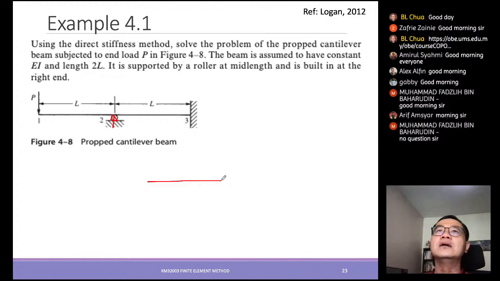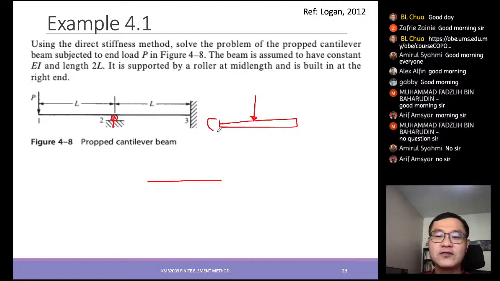As we know, for any element, we do not put any force or load at the middle of the element, because our derivation is only for the node. Therefore, if there is a force acting, we should break them into different elements.